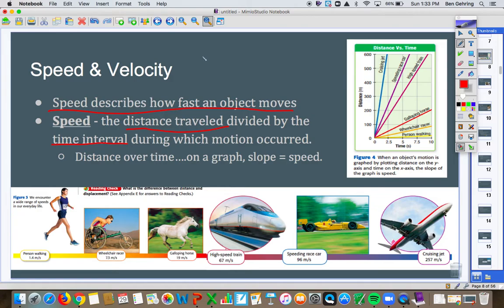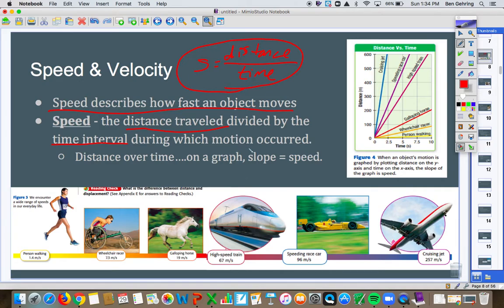So we set this up as an equation, which is speed is equal to distance divided by time. This is going to be the equation we're going to use in this class, and we're going to use it quite frequently for a little while.